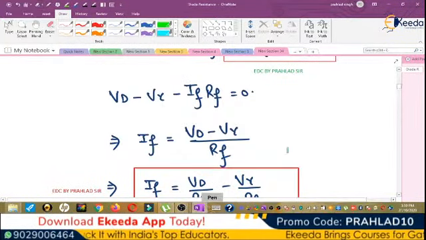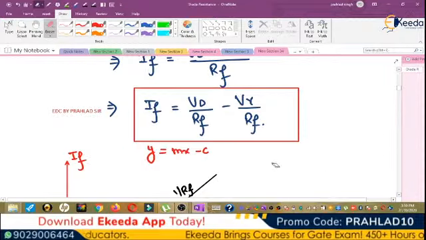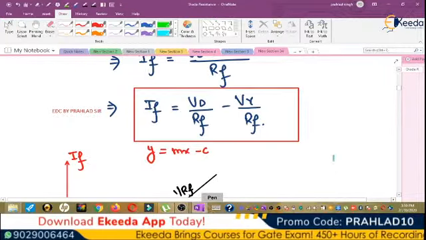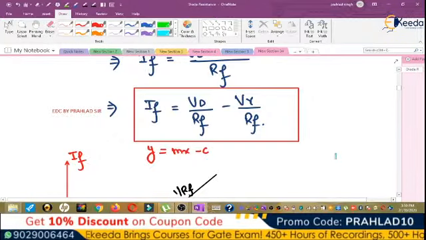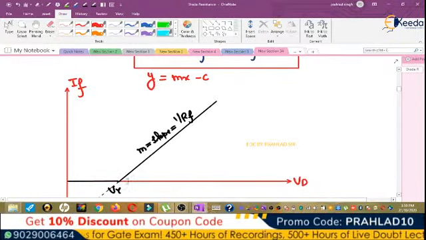So the value of IF is (Vd minus V gamma) by RF. So IF is Vd by RF minus V gamma by RF. When we draw this figure, this is a straight line having cut-in voltage V gamma and slope 1 by RF.